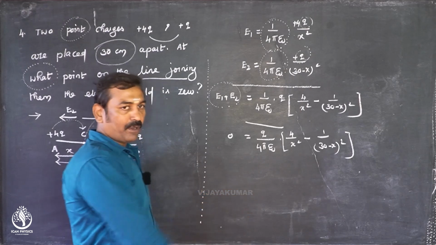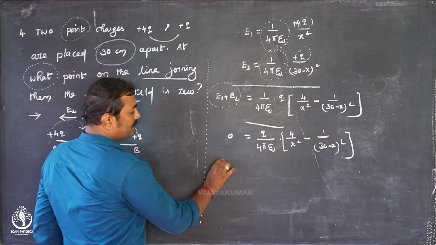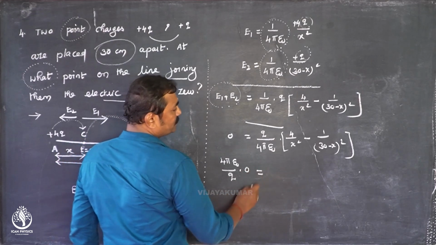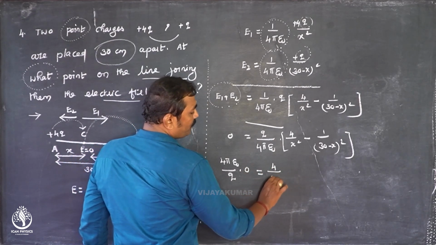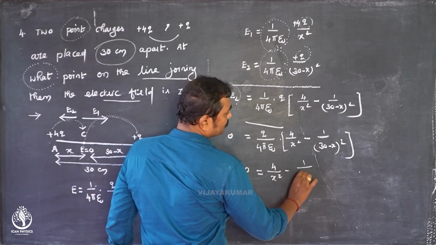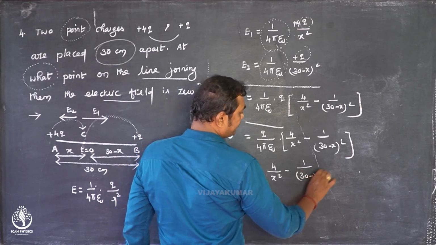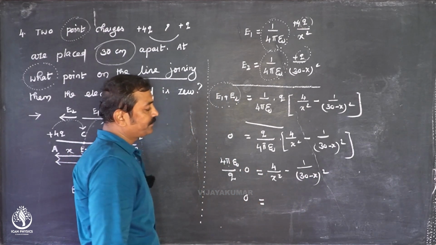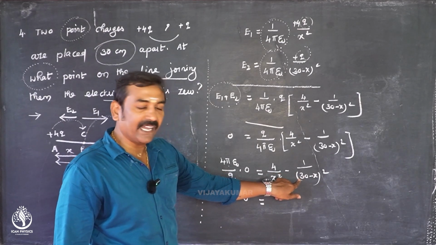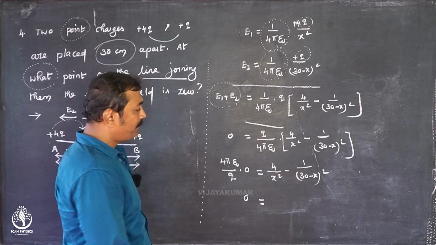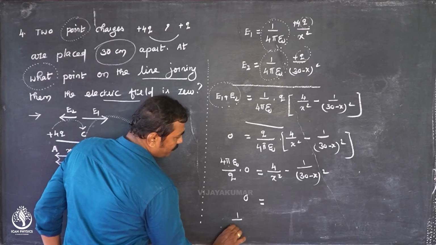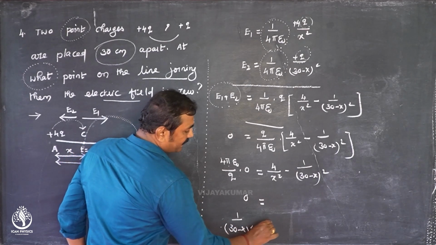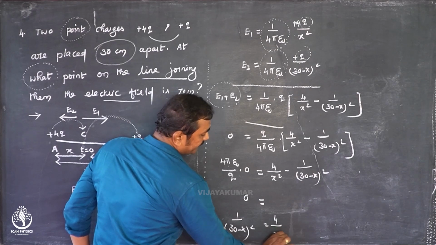The q by 4 pi epsilon 0 goes to the other side, and 0 into something is 0. The minus value comes across as plus. So 1 by 30 minus x the whole square equals 4 by x square.